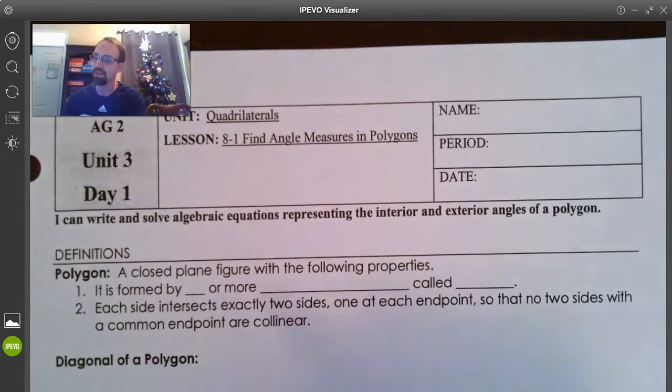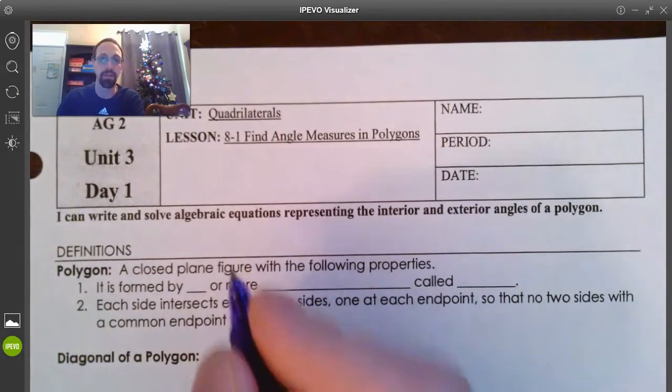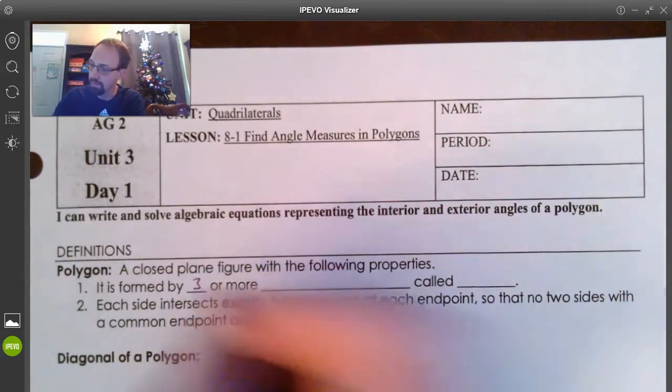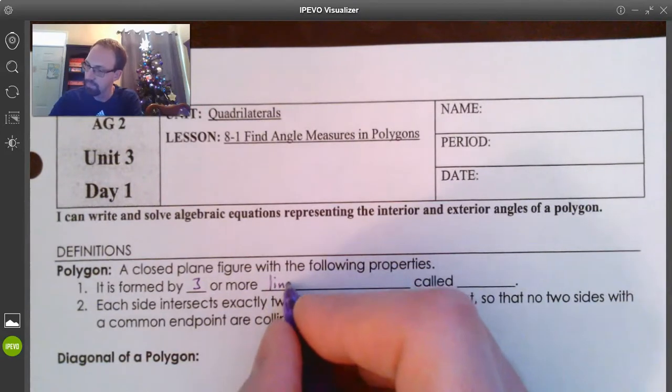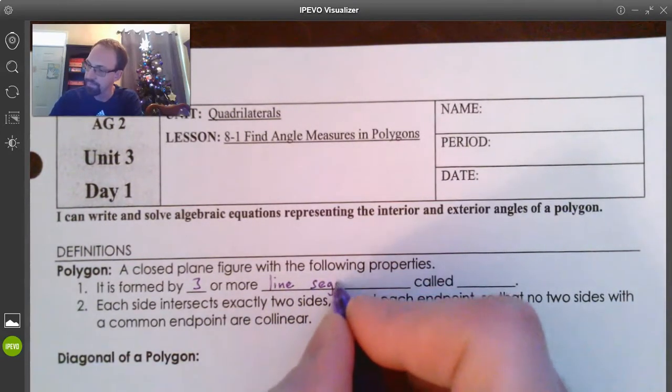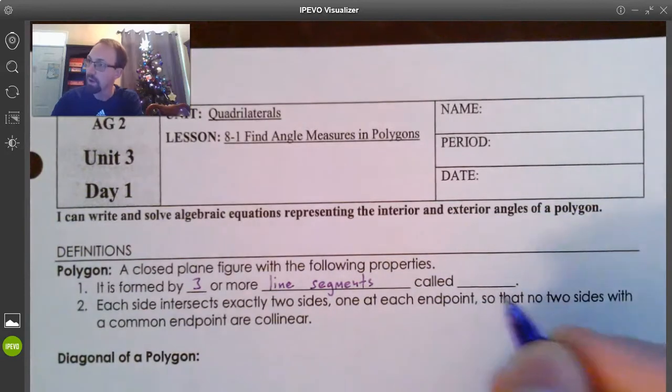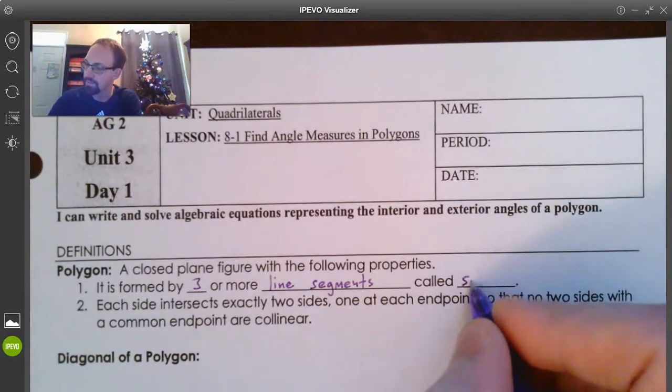A polygon is a closed plane figure with the following properties. Closed means that it has no holes in it. So if you think of something that has a shape that's flat, it's two-dimensional, that has a hole in it or it's not connected, then that would be open. It is formed by 3 or more line segments called sides.